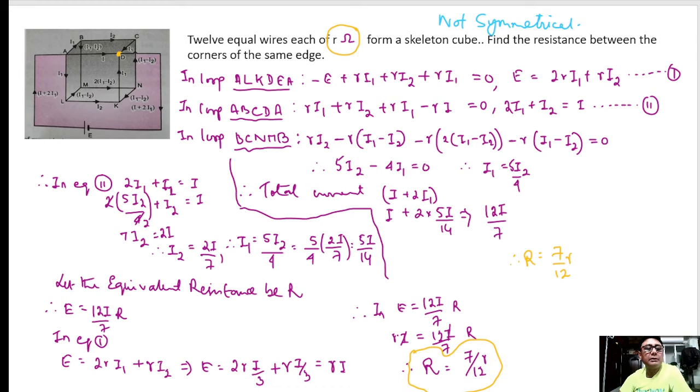So now let's see, this is I1 minus I2 and this is I1 minus I2, so this is 2I1 minus I2. Now watch here, I1 goes this side, so to balance it, I1 should go on this side, right?